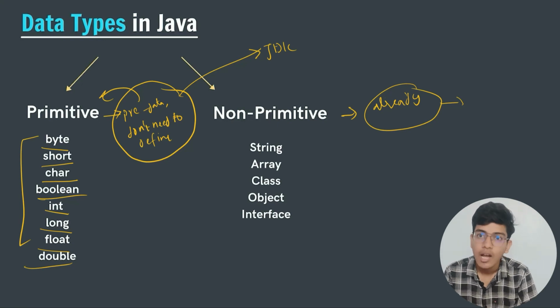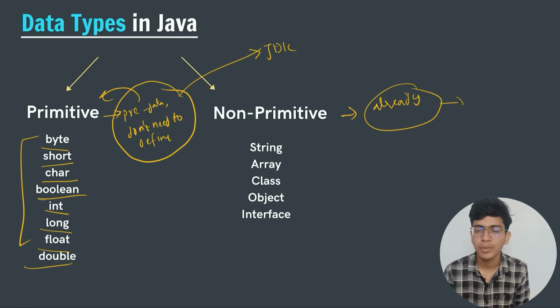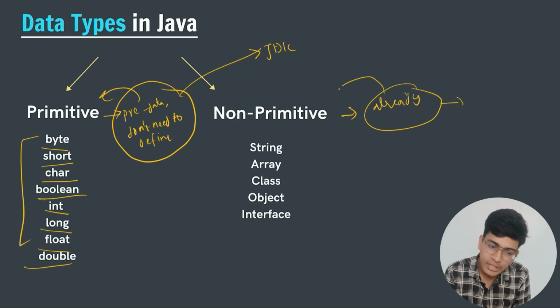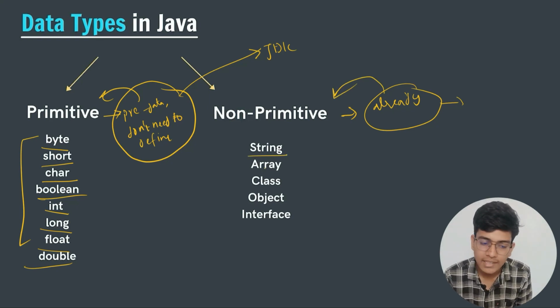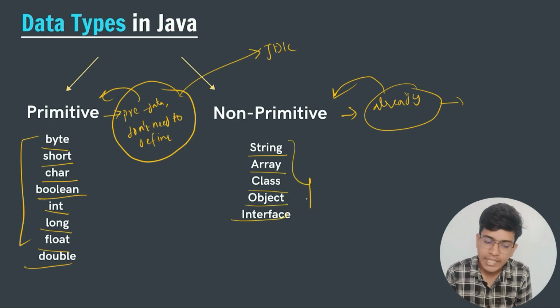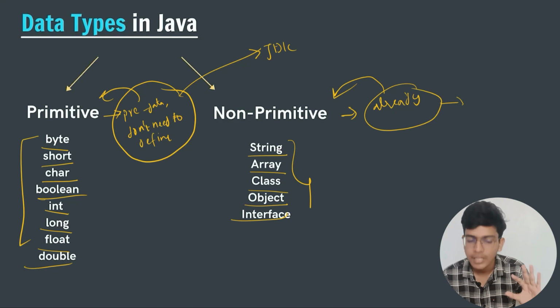After defining, we can use that particular data type. These kinds of data types are known as non-primitive data types. Examples are strings, arrays, class, objects, interface. We'll study each and every non-primitive data type in different chapters.